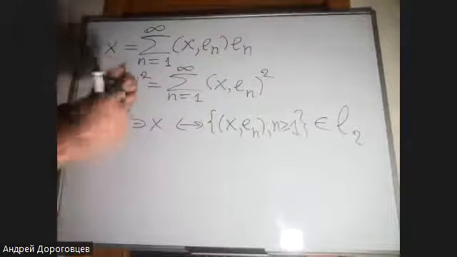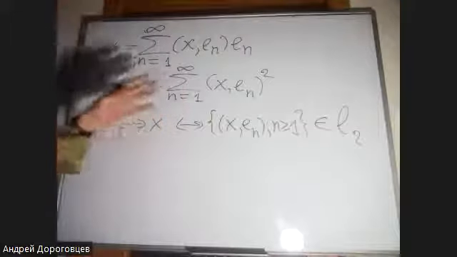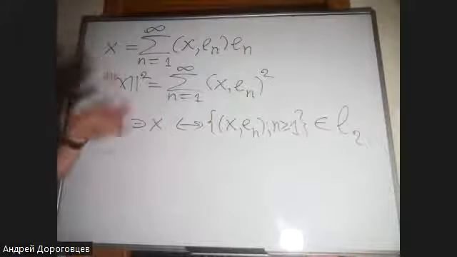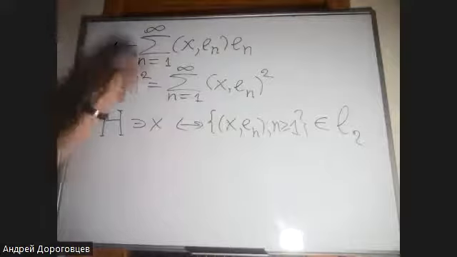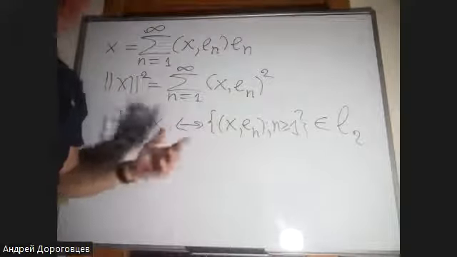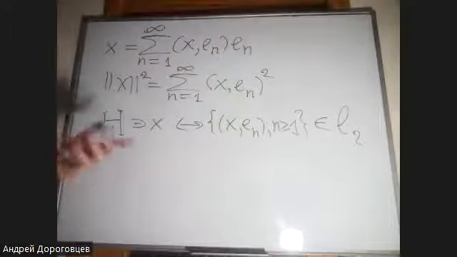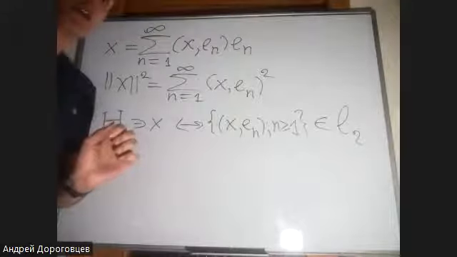We have a so-called isomorphism between small l2 and our H. But despite this, one can theoretically say, okay, all separable Hilbert spaces are the same, and it does not matter in which space we are working. It is not true.